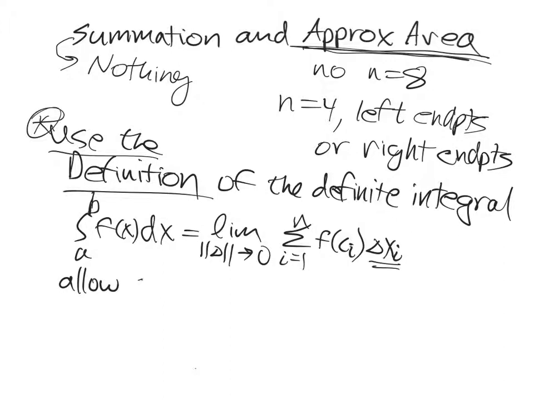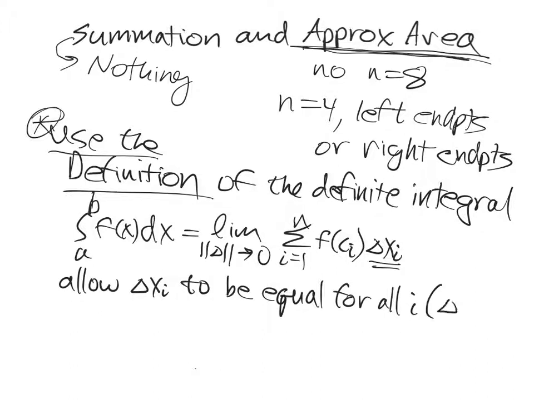We can say allow delta x sub i to be equal for all i. We'll get some technical terminology here. So we can say delta x or delta x sub i.